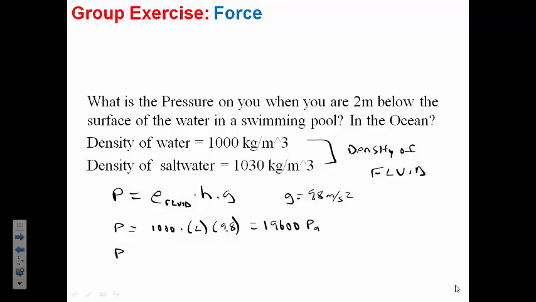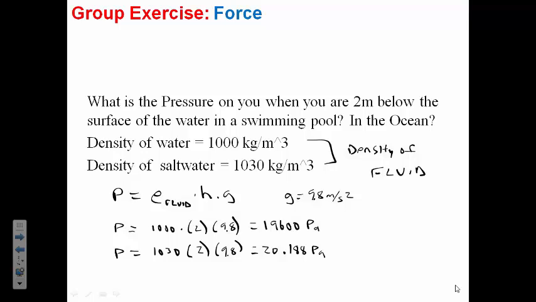Now we can repeat this, but this time in the salt water, we put in the 1030 for the density times the 2 times the 9.8. And when we do that, we do get, of course, a different number. The pressure is slightly increased because the density of the water is slightly larger.